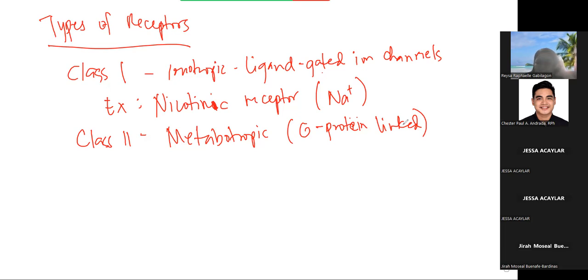And this adenylyl cyclase will in turn be used to produce the secondary messenger cAMP, the cyclic adenosine monophosphate. Okay, so yan yun, GI is inhibitory, so it will just inhibit the adenylyl cyclase. Okay, so there is no secondary messenger na mafu-form.